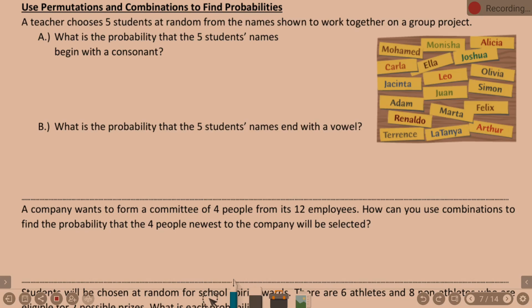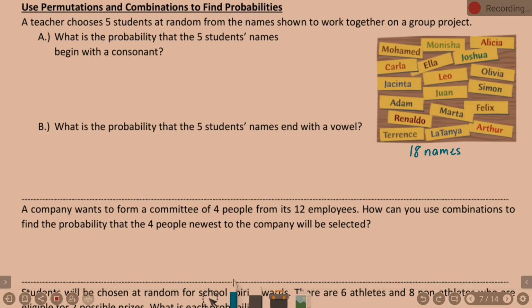Like, how many names are there? Okay, so right now I'm just gathering info. There are 18 names, right?